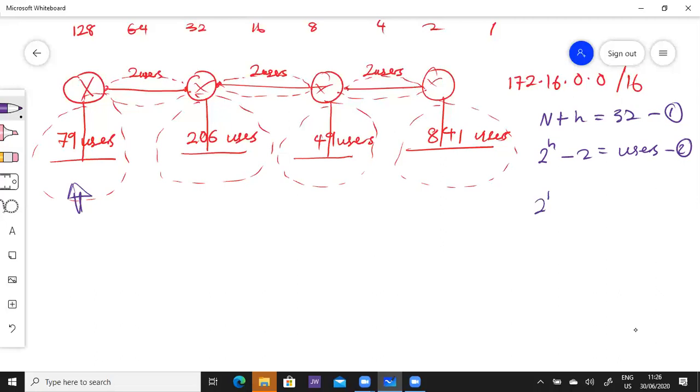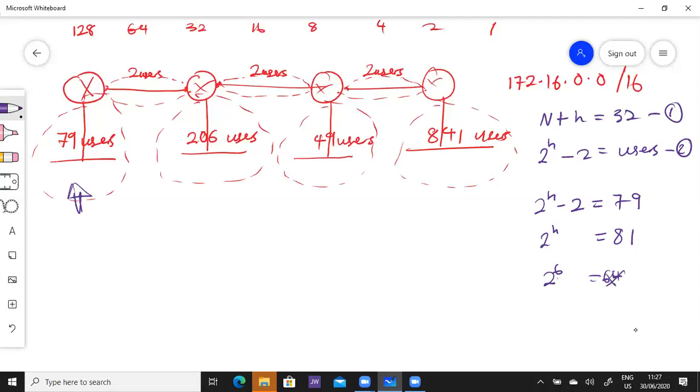2 raised to the power h minus 2 is equal to 79. 2 raised to the power h is equal to 81. Our trial and error: I know that 2 raised to the power 6 is 64. There are certain things you have to know before you attempt this type of questions. 2 raised to the power 6 is 64, less than 81.